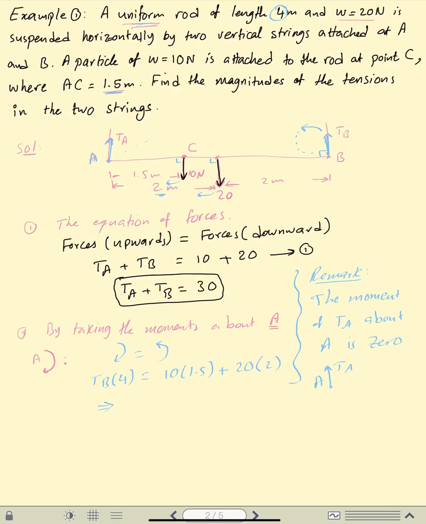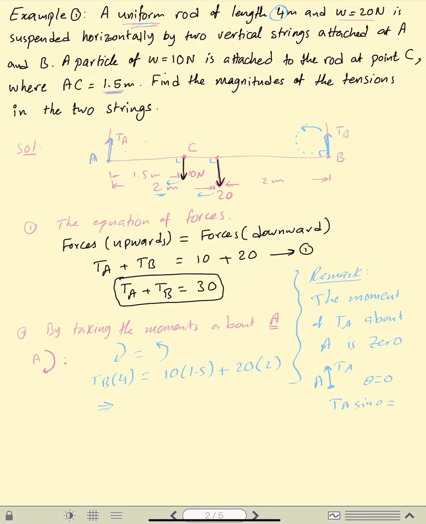So what's the equation? Take the moment at A, this is TA, and this is A. The angle theta is 0 between the force and the point. So when you write the moment here, it will be TA times the distance, sine 0.